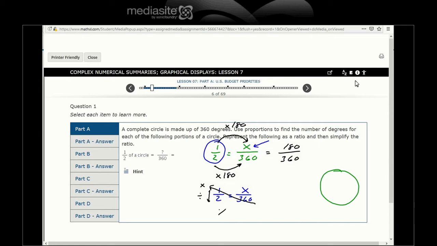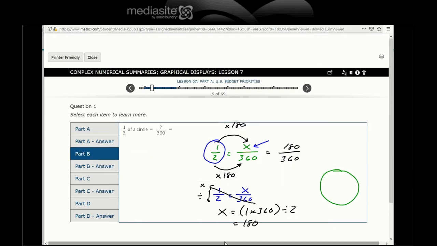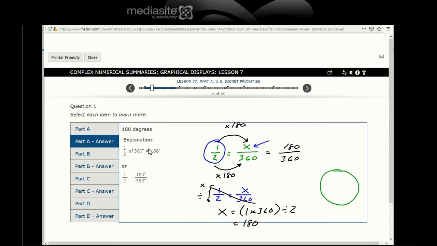So this tells me x equals 1 times 360 divided by 2, which gets us to 180 still. So let's see what the answer is. Oops, wrong question. So 1/2 of 360 is 180, or 1/2 is 180 over 360.